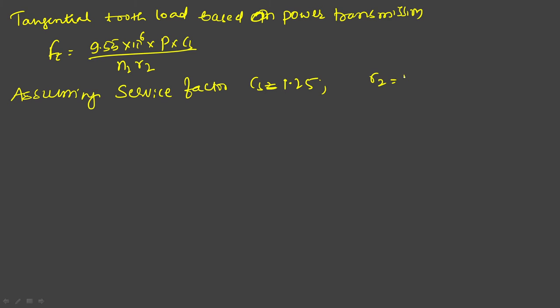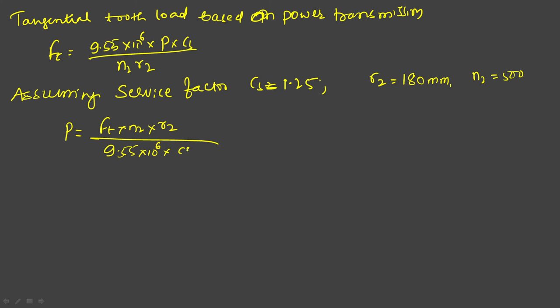R2 equal to how much? 180 mm. N2 equal to 500 RPM. Now power P in kilowatt, you are going to get in terms of kilowatt here: P equal to Ft into N2 into R2 divided by 9.55 into 10 to the power of 6 into Cs.